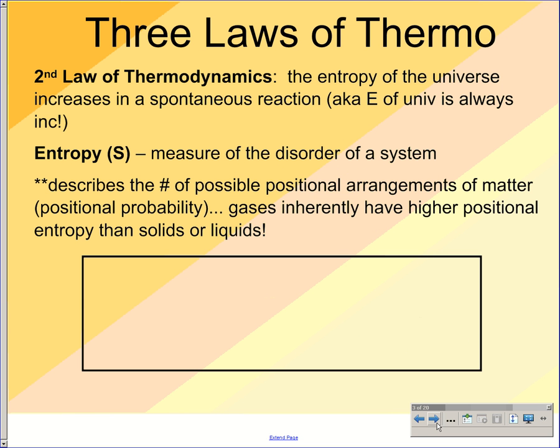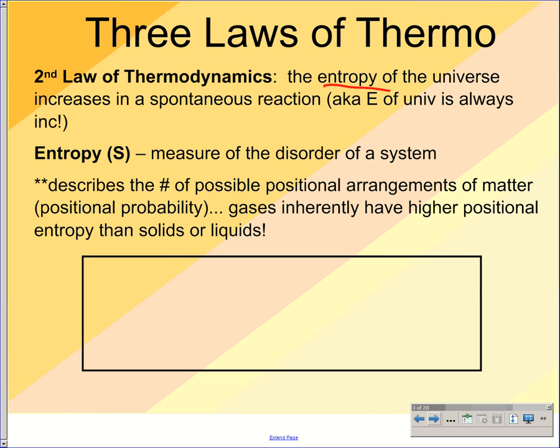All right. The second law of thermodynamics we've also slightly talked about, but you need to write down the entropy aspect of the universe. This is something very, very important. This drives pretty much all of our reactions in chemistry. So the entropy of the universe. What is entropy a measure of? It says it right there. Disorder.